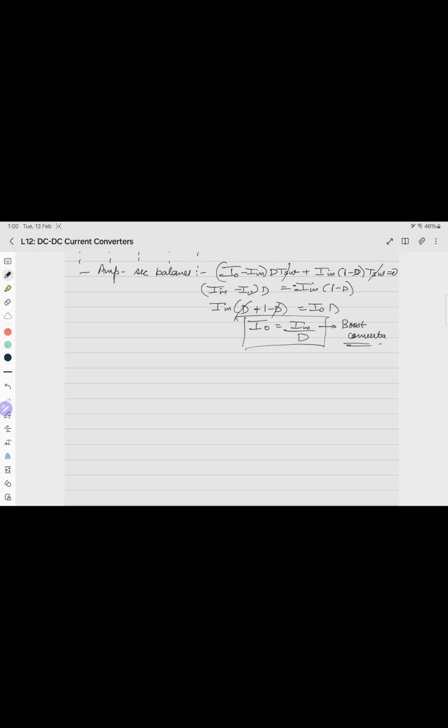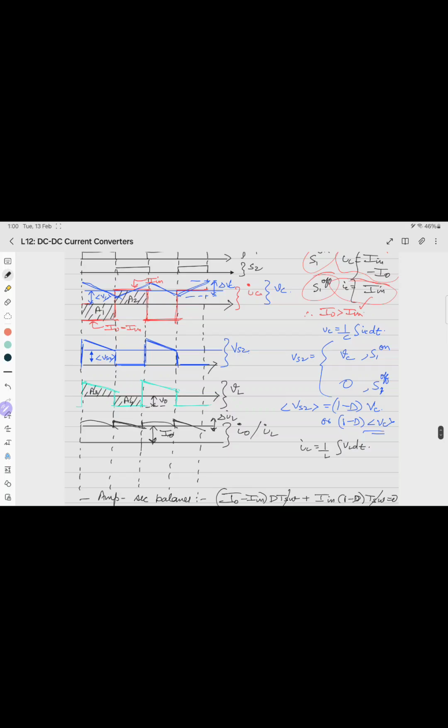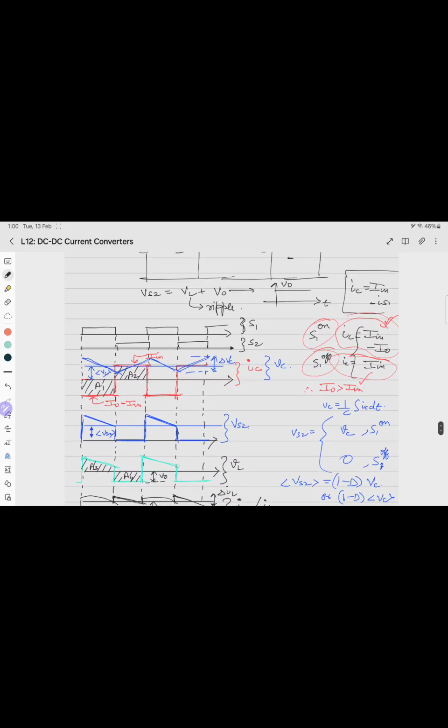Now one concept we'll quickly see, which is critical capacitance. Just like for the DC-DC voltage converter, where the inductor current waveform was discontinuous if L is less than L critical, similarly the capacitor voltage waveform in all three cases is triangular in nature.